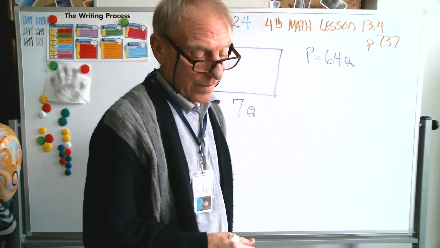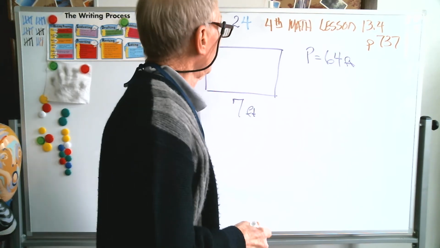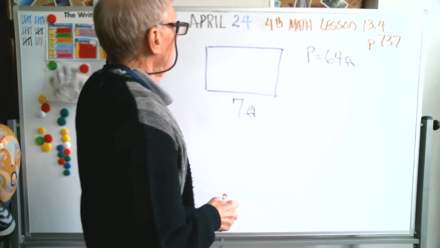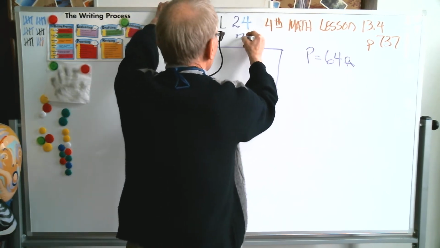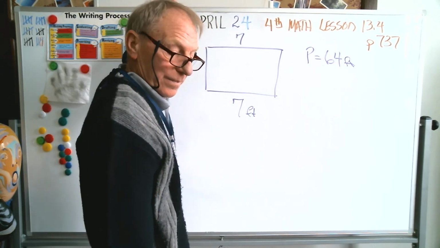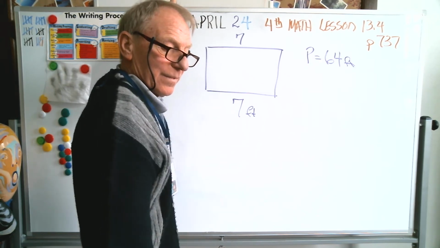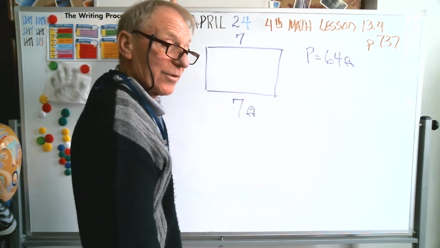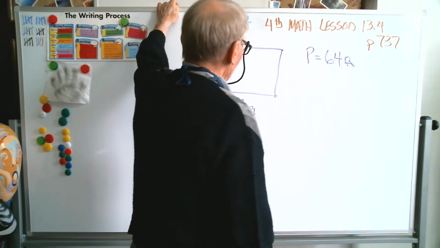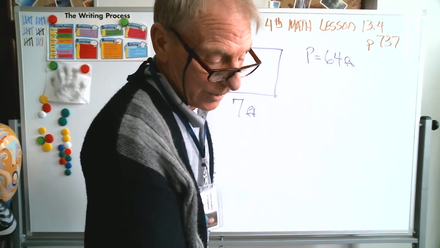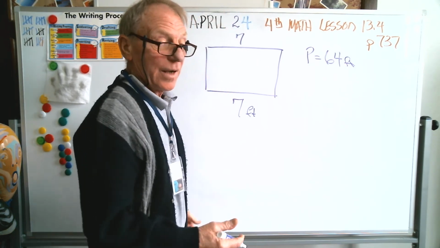So perimeter is going to equal, we know that the opposite sides are going to be the same dimension. So the perimeter is going to equal, let's see how this follows, 2 times the length plus 2 times an unknown.